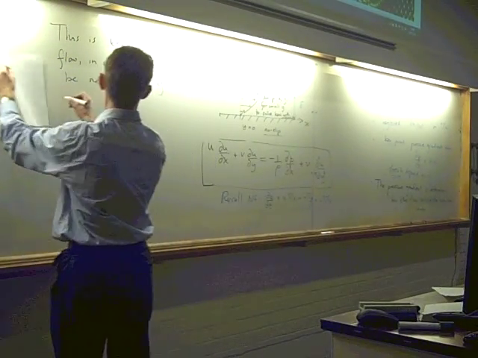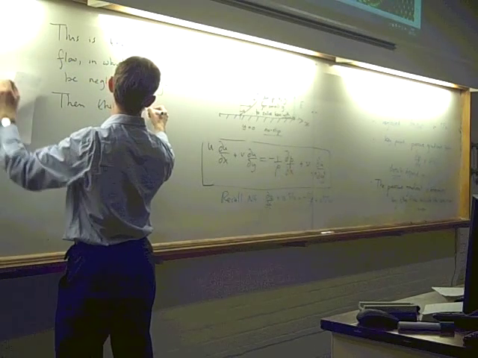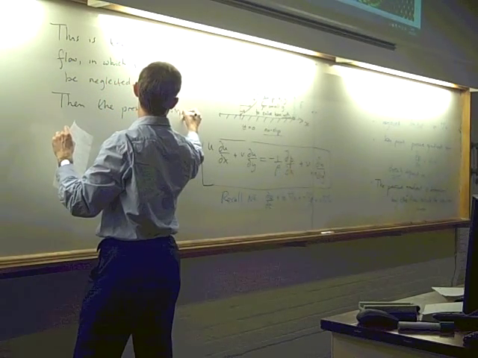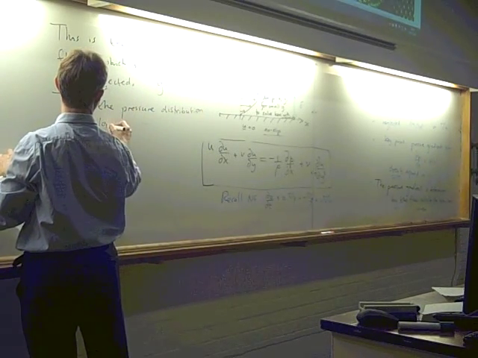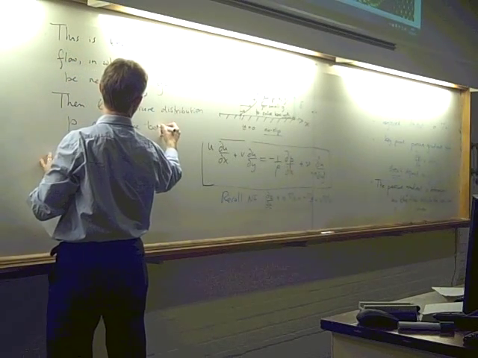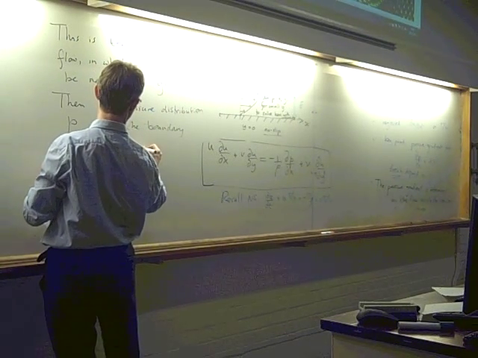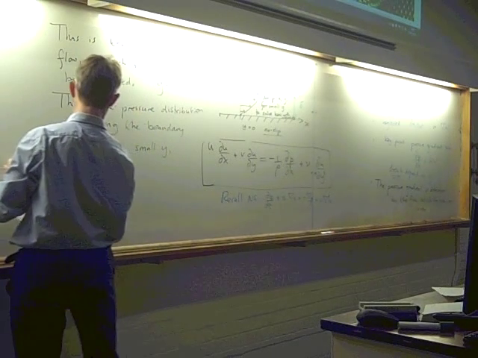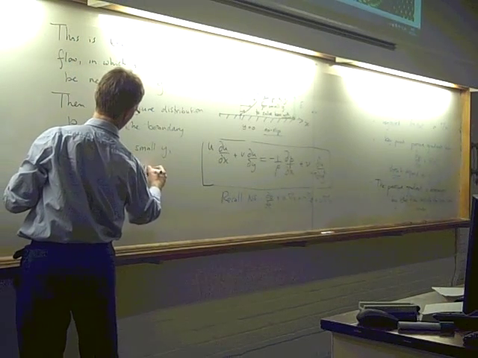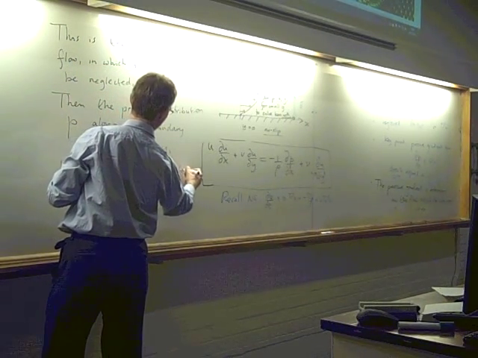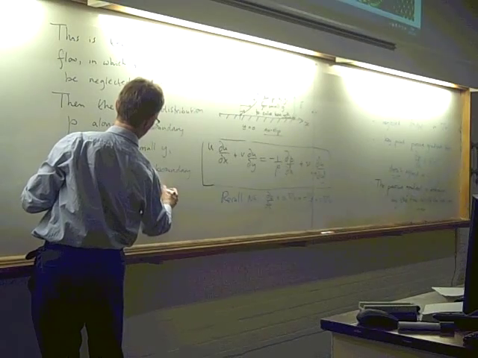Okay, then a pressure distribution P along the boundary, so here would be P of x and y for small y, is plugged into the equation of the boundary there, which in fact is this one here.